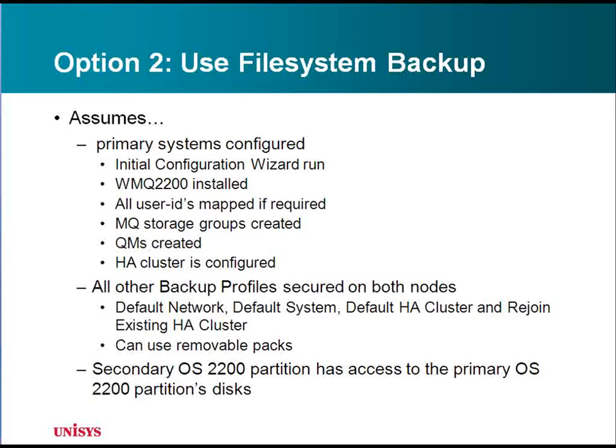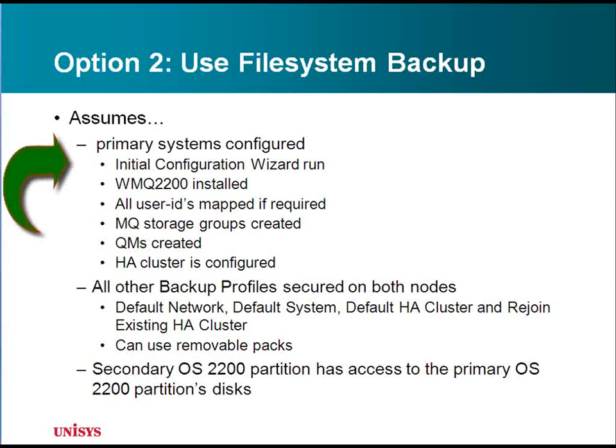Let's take a look at option 2, using the Filesystem Backup module included with the Administration Console. This assumes that your primary systems have been configured. This means the initial configuration has been run, your IP addresses have been set, your DNS names, your host names, everything is set up the way you want them.